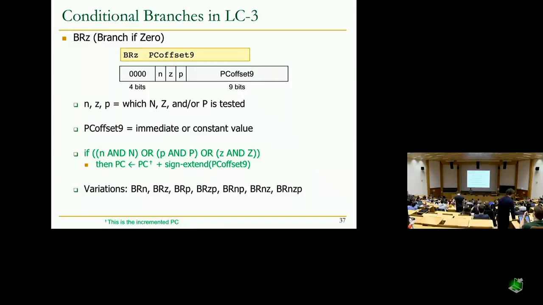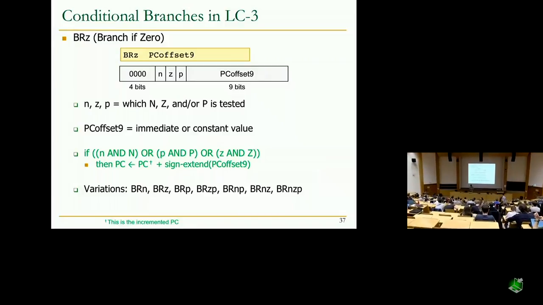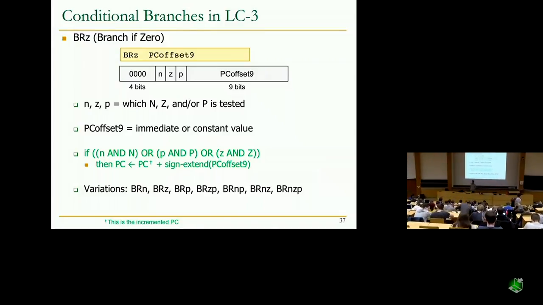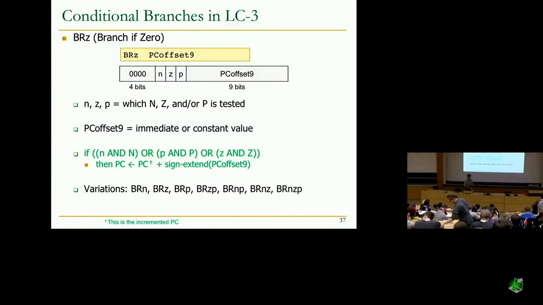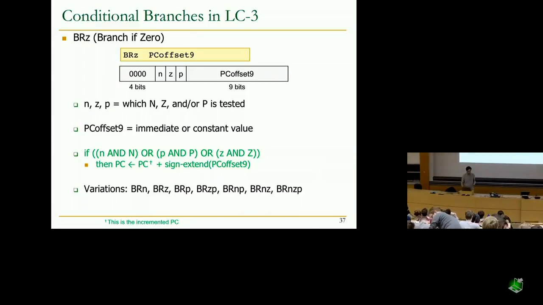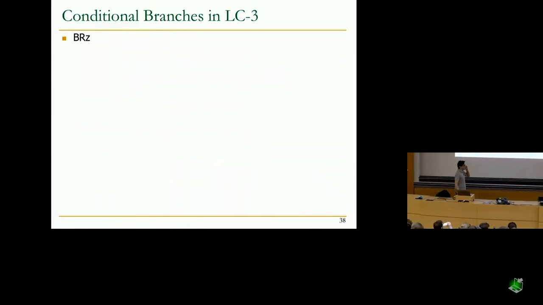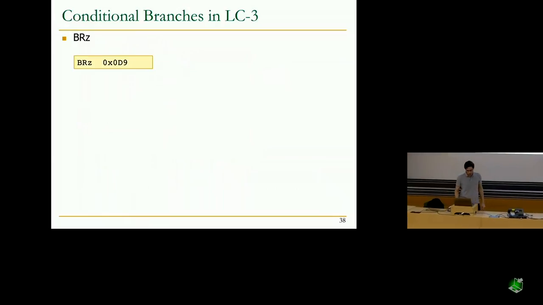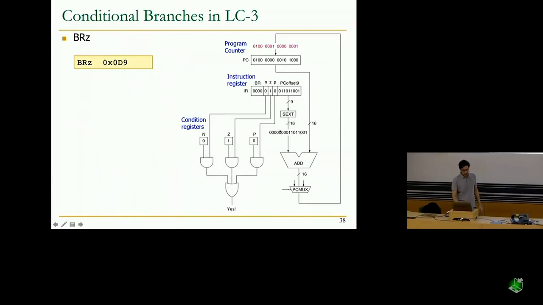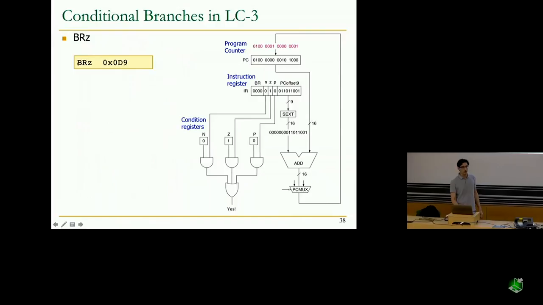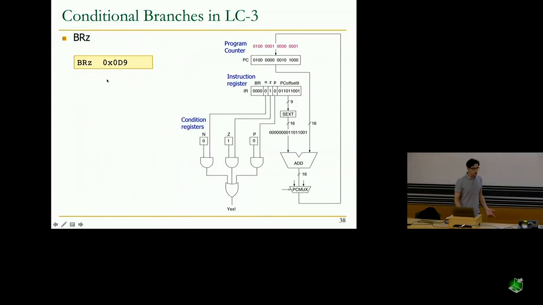Okay, let's continue. We were talking about conditional branches in LC3, and we were talking about the condition codes. You're going to see in more detail how these condition codes are used in this slide. This is, for example, BRZ, so this is branch if 0. What does this mean?